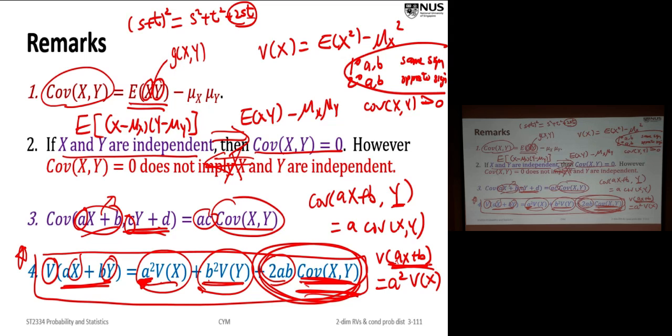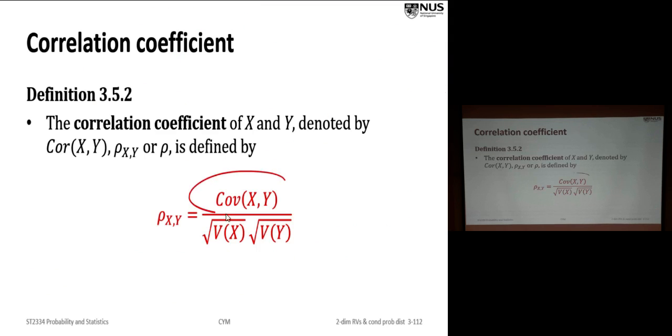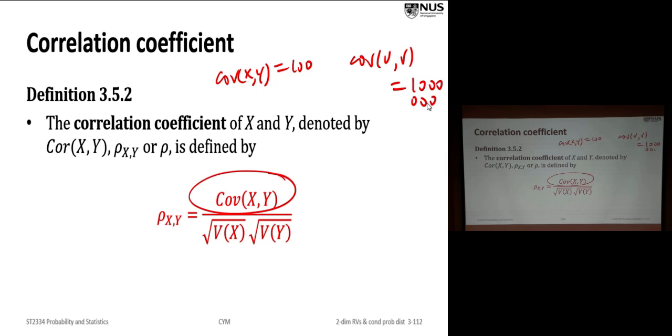Okay. So just now I mentioned the covariance of XY, positive or negative, we understand that. But the magnitude itself does not tell you anything. So what I mean is that covariance of XY equals 100, and covariance of UV equals 1 million.